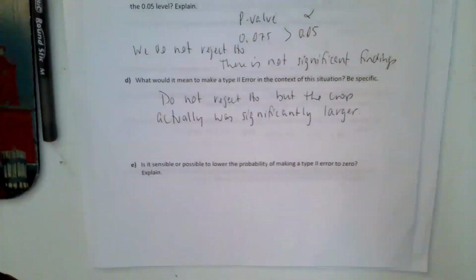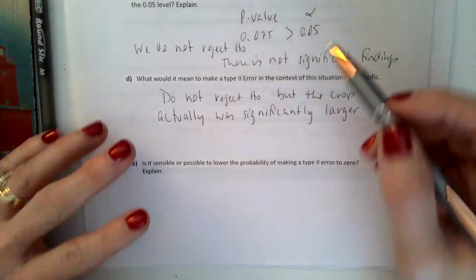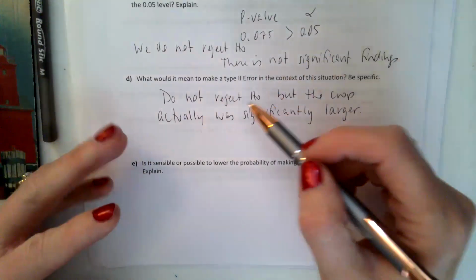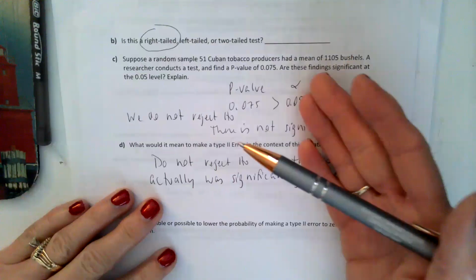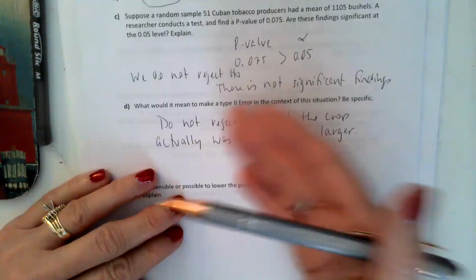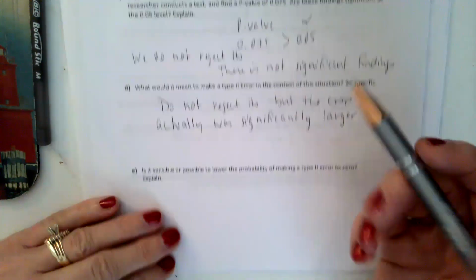So even though we did not reject H0 with our evidence, we could be making a type 2 error if in fact somehow our sample wasn't good evidence and we really should have rejected.